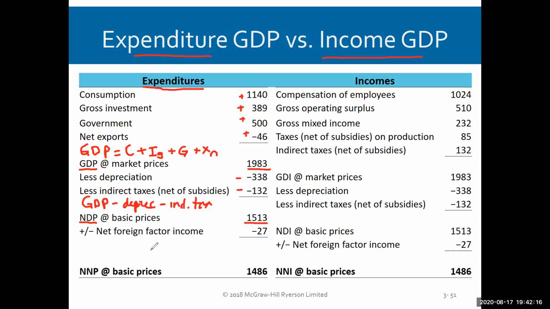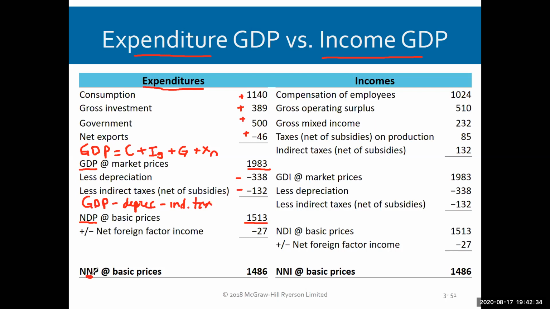But then maybe we want to know what's happening just to Canadians and Canadian companies. Not very often. By far, we just want to know what's happening, it doesn't matter who they are, where they're from, where the companies originate, just the level of economic activity inside Canada. That's GDP. That's by far and away the biggest one we look at.